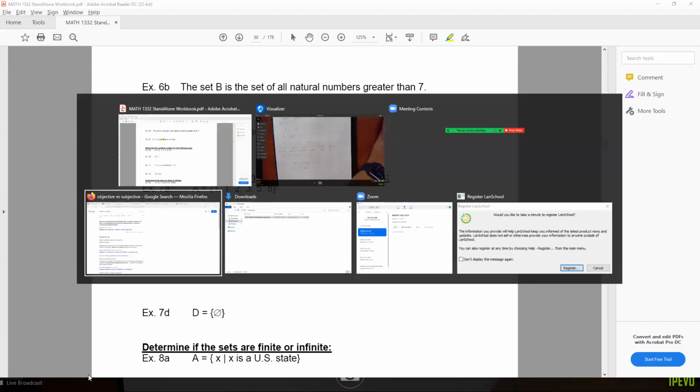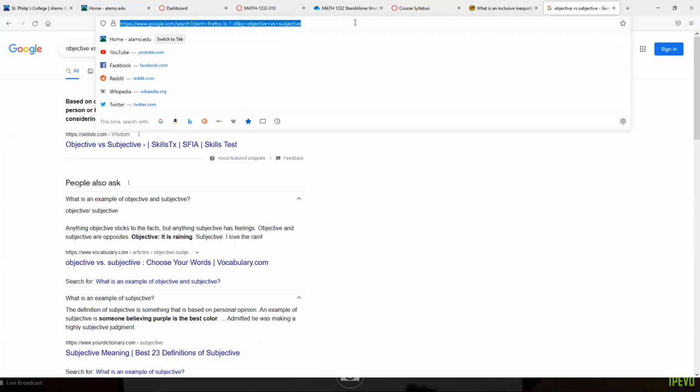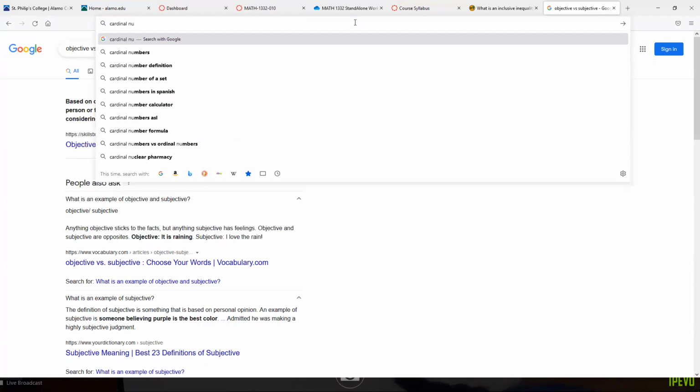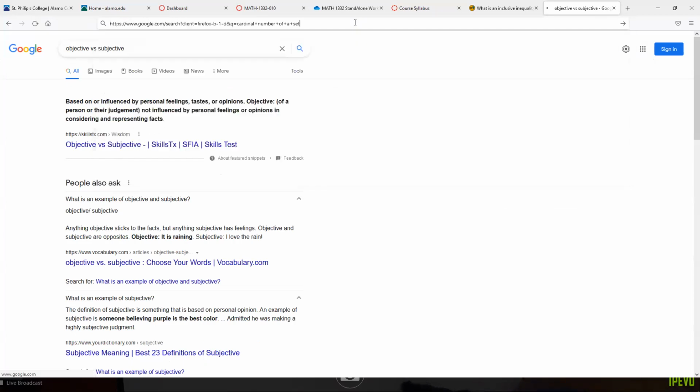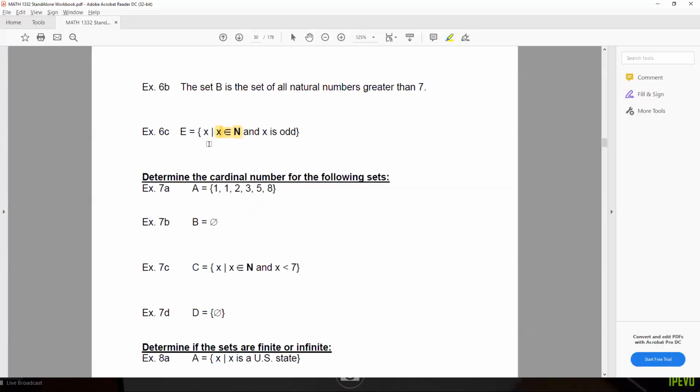Let's see here. I believe cardinal number means the order of the set or the number of elements. Let's double check. Okay, total number of elements in it. So yeah, simple as that. Let's write that down. Before we start, I'm going to give you another notation.